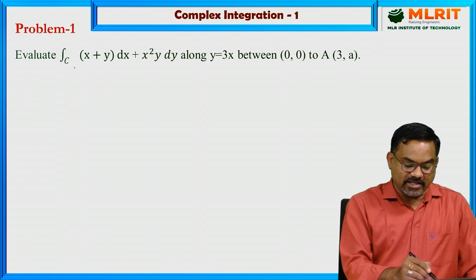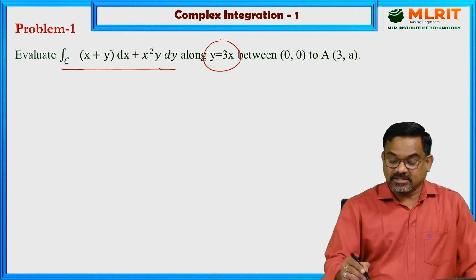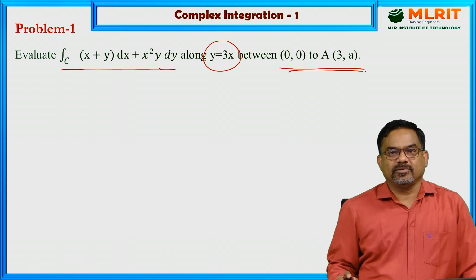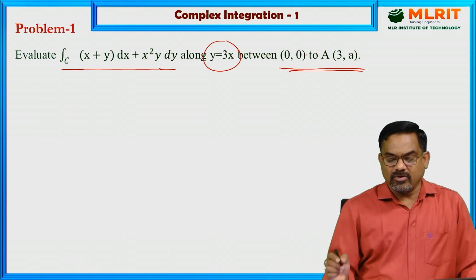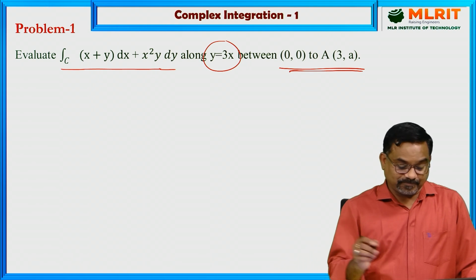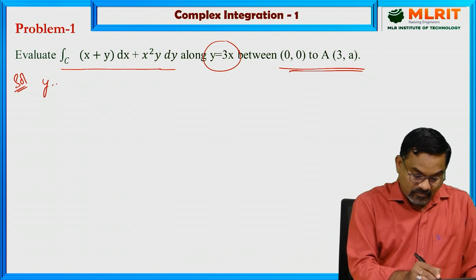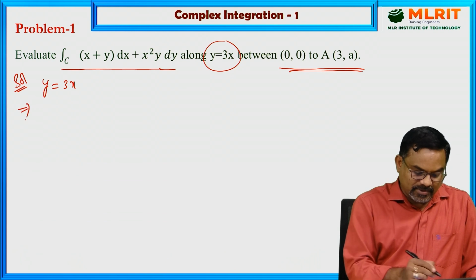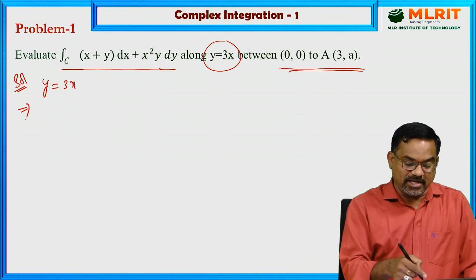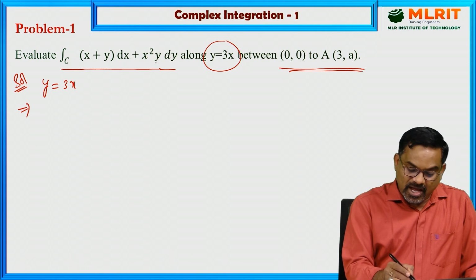Evaluate the line integral of the given function along y equal to 3x between 2 points, origin (0, 0) to (3, a). So given y equal to 3x, we can replace y by 3x in the given integrand. Now here we have dy also.